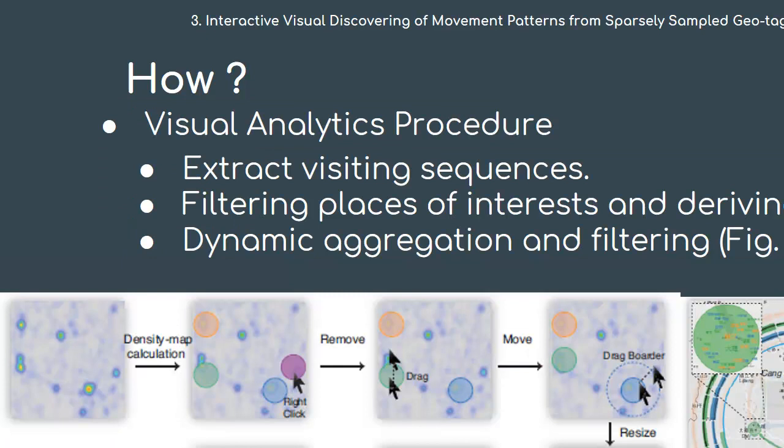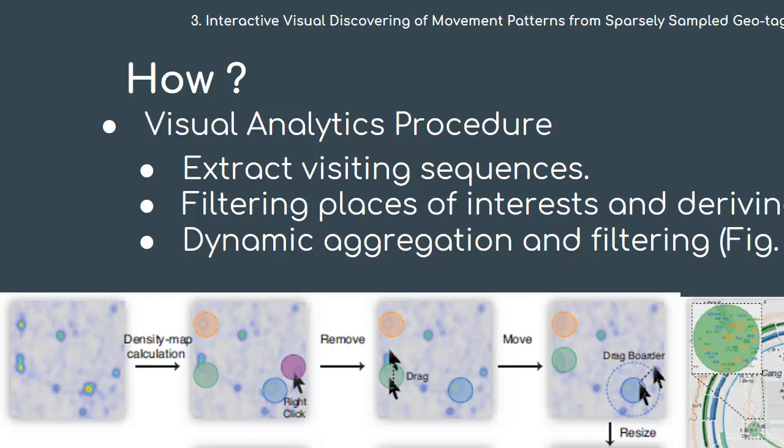Based on the pipeline, the authors developed the visual analytical system. They first extract the geolocation of the social media data, and then by lining up this geolocation and the posting time chronologically, they can extract the visiting sequence of each user.